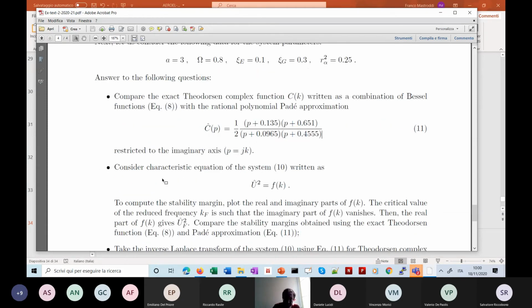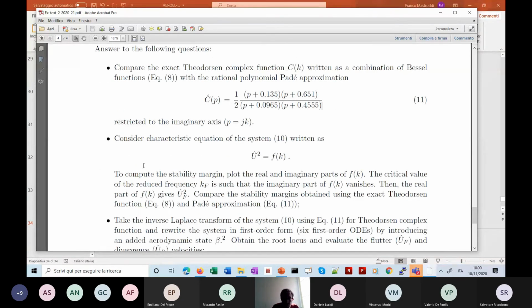After this point, you can evaluate the flutter margin not considering this approximation, but considering the complicated dependency of the system on the Theodorsen function, and then implementing the recursive or iterative procedure that I showed to you last week.